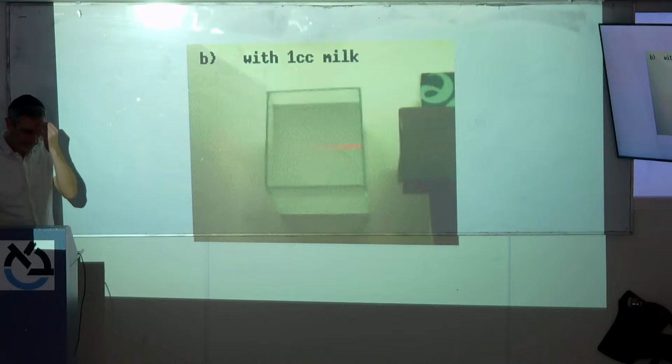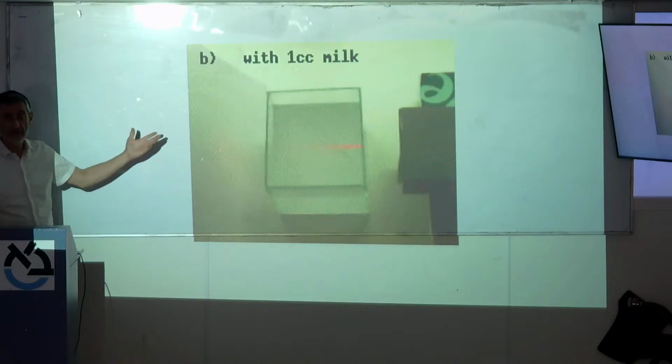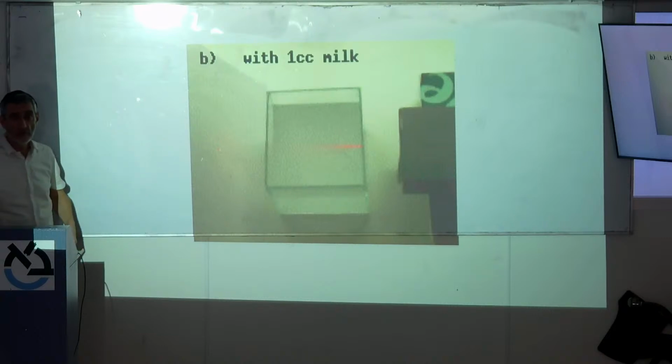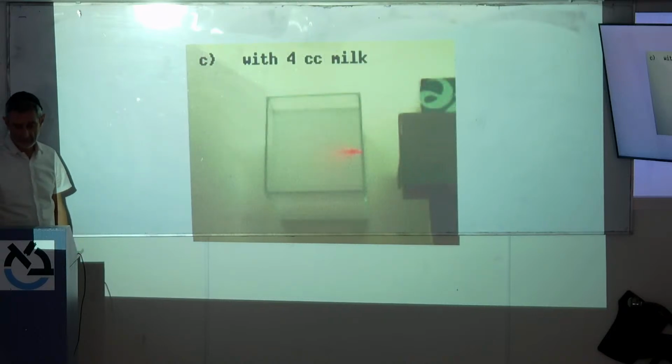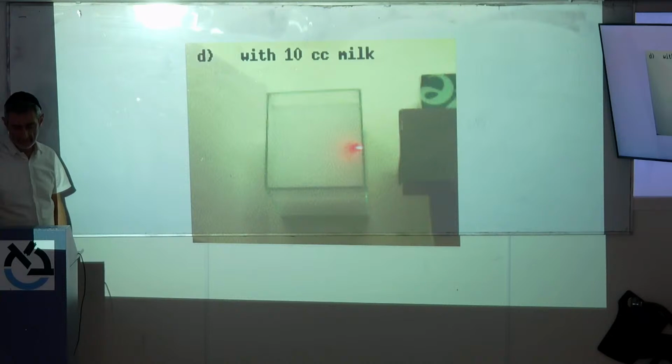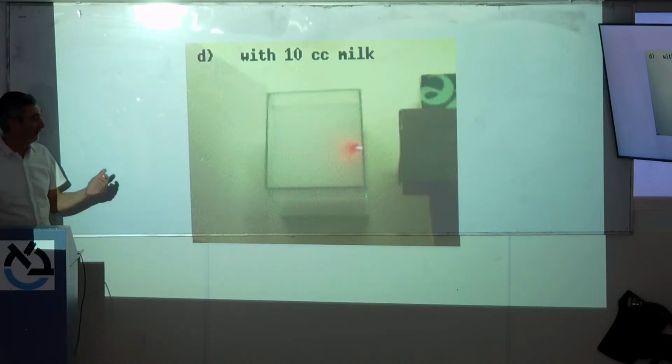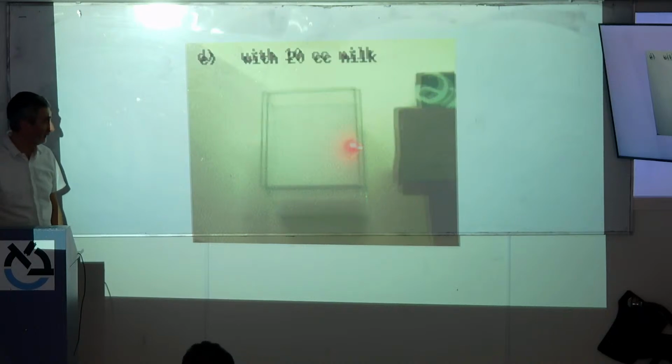So again, here you have many particles of milk inside the system, so we are talking about multiple scattering. And you see also that even if the average scattered light goes to 0, the average of the square of the fluctuation doesn't go to 0. That's the diffuse light, which is not 0 here.